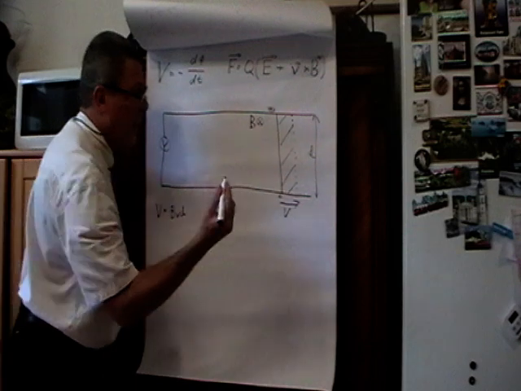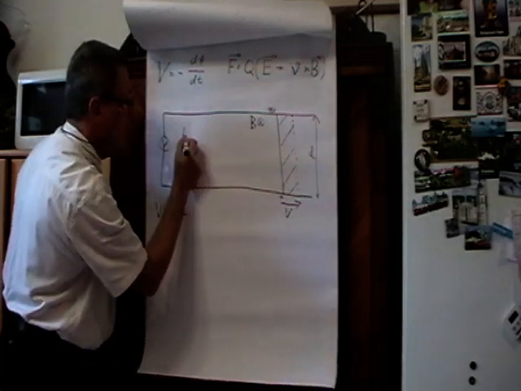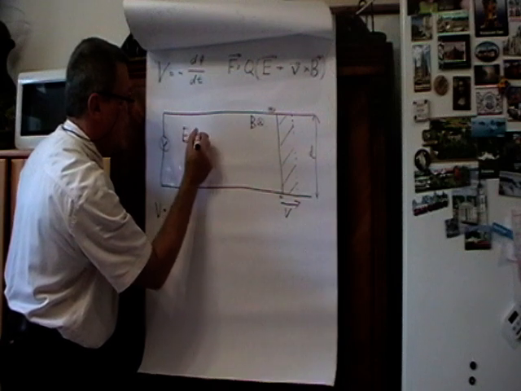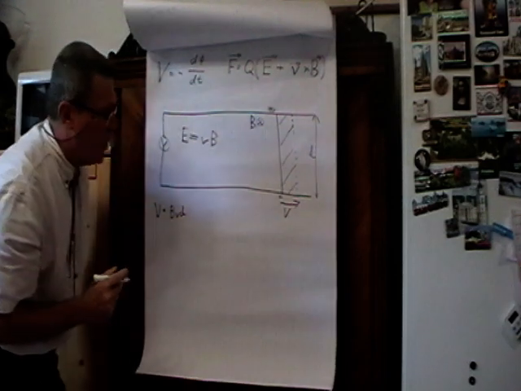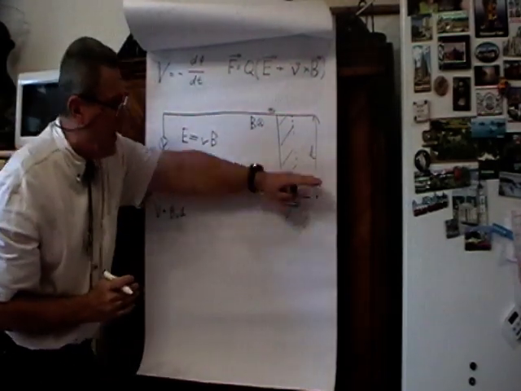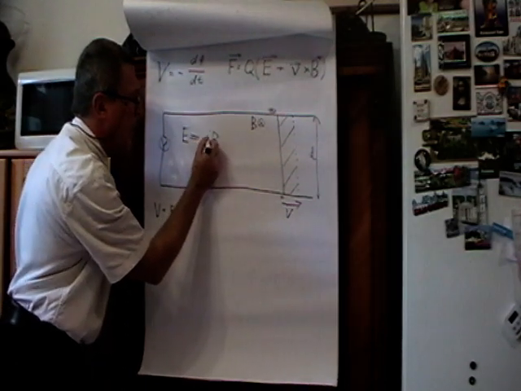So we can tell that the equilibrium states that E is V times B. I have omitted the vector product because in our experiment everything is perpendicular, so we can only work with the magnitudes.